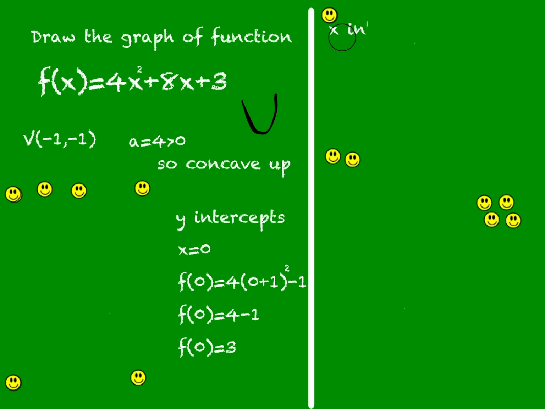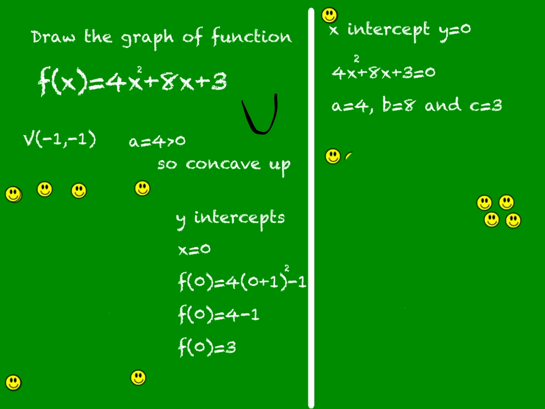Then we need to find the x-intercept as well, where y equals 0 on the x-axis. So if we continue that, you can see the equation. Right now, do you remember we need to use the a component, b component, and c component, because we have a formula booklet and everything is clearly explained there.